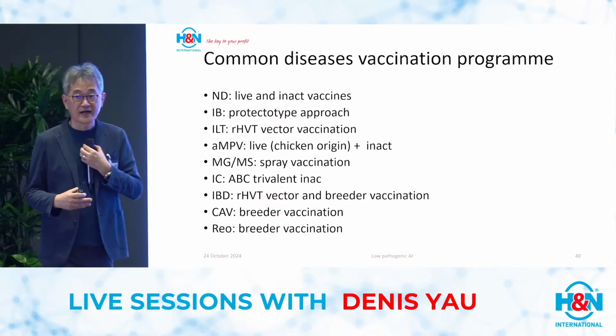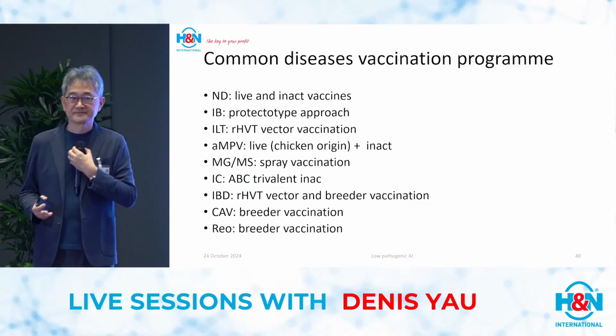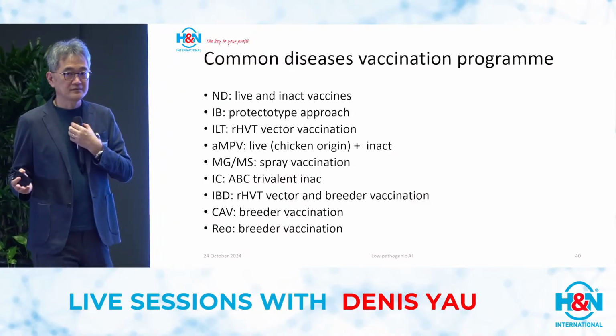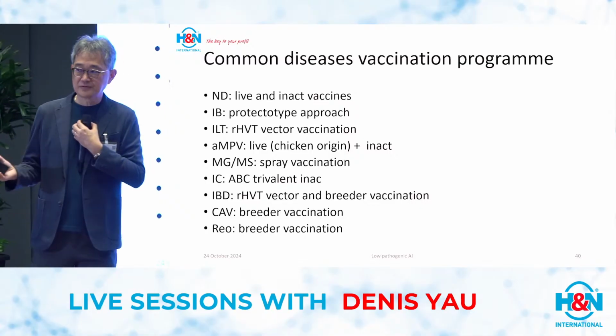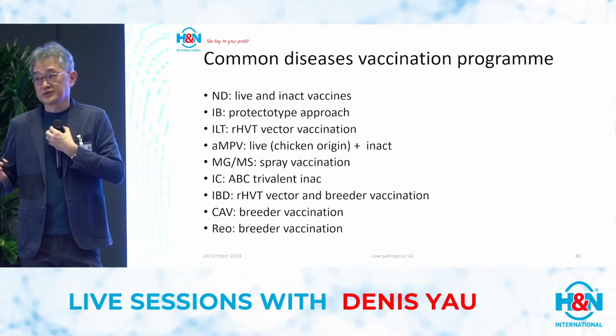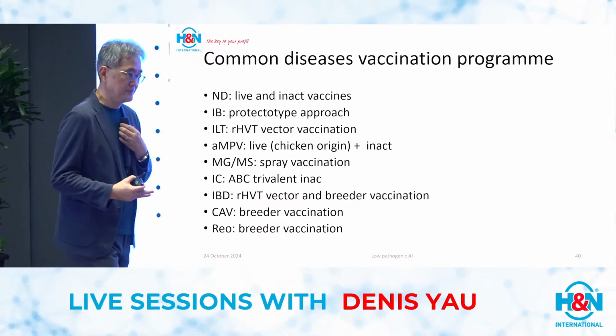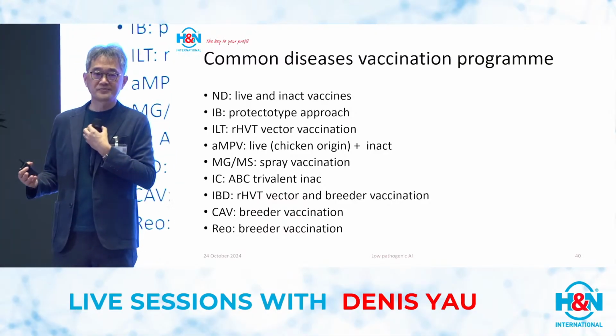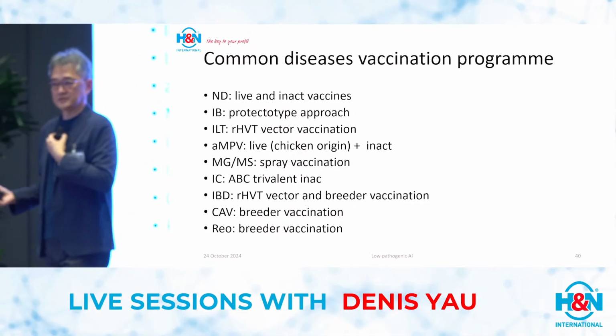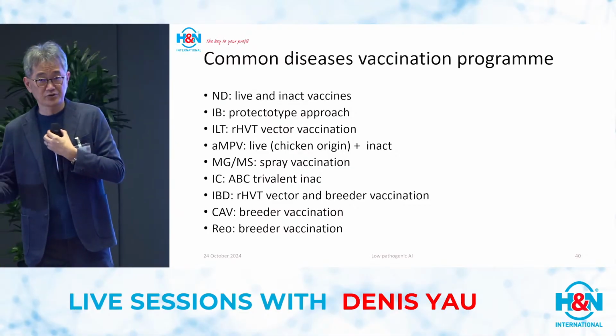And then for ILT, I know that in the Philippines, ILT is not a routine vaccination, but for ILT, the most problem is they always cause problems after vaccination. So you might have reactions.